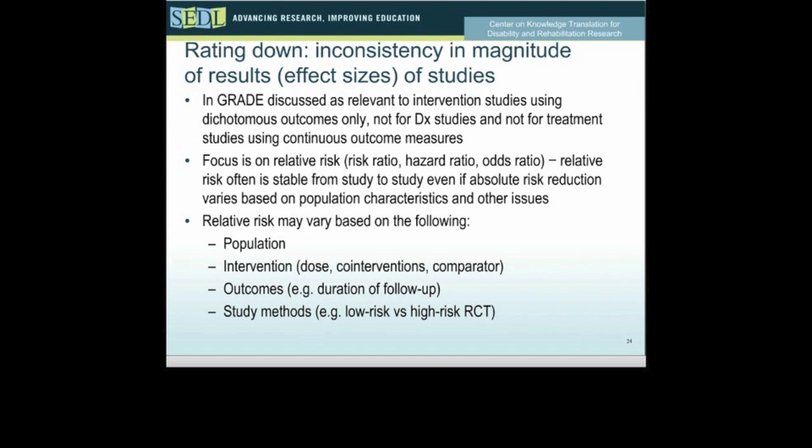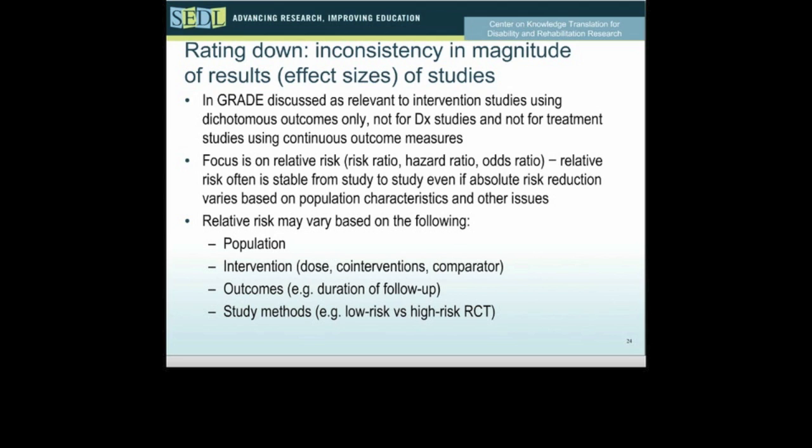And to date, the focus has been on relative risk, whether you calculate it as a risk ratio, a hazard ratio, an odds ratio, and not other measures of how the treatment group compares to the comparator group.